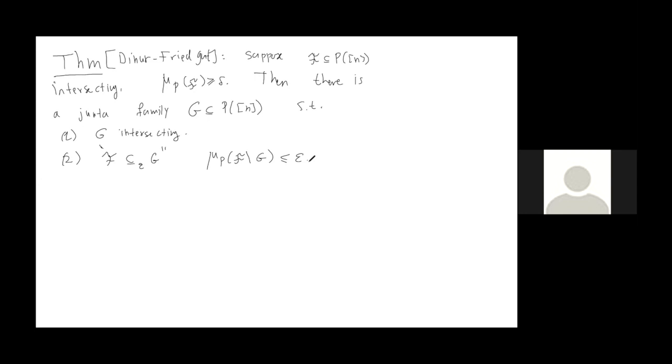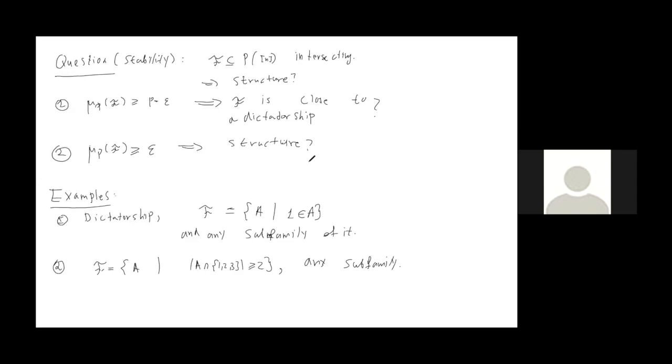I hope you see how this theorem aligns with the previous examples. I guess I should have called that family G. We have these families, which are juntas.